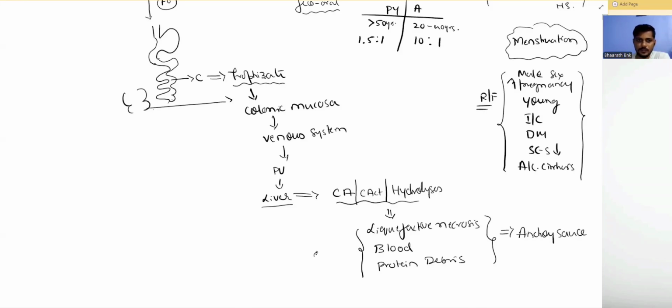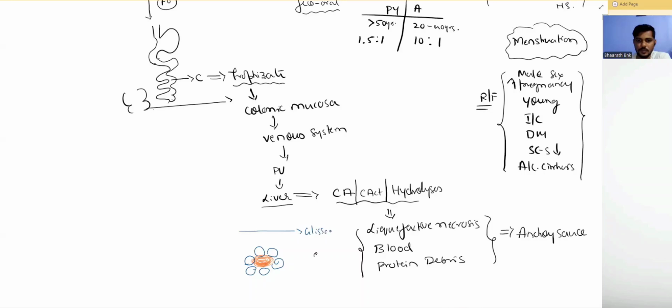As the liquefactive necrosis happens in the center, there are these invasive trophozoites which are surrounding it. The invasive trophozoites will be surrounding the liquefactive necrosis, and this just keeps on spreading and spreading until it reaches the Glisson's capsule.